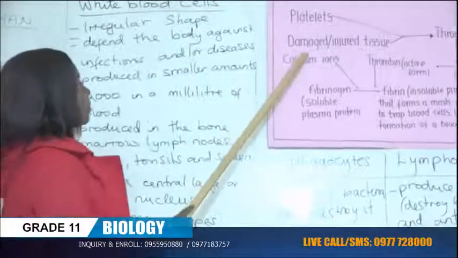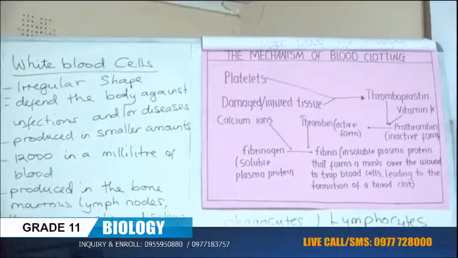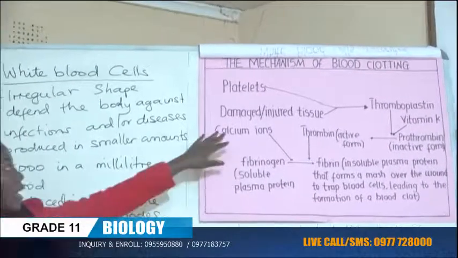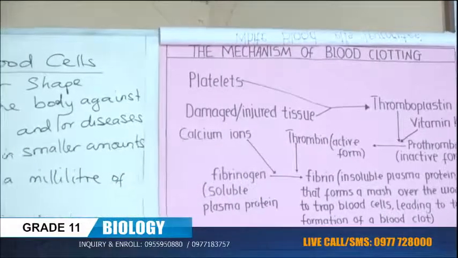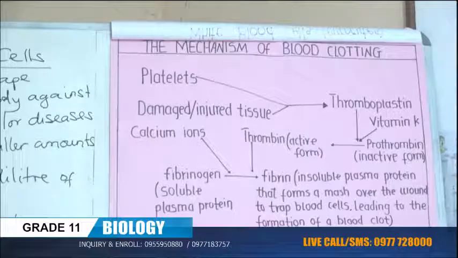Here we have platelets. So when platelets are exposed on a damaged or injured tissue, they produce an enzyme called thromboplastin or thrombokinase. Thromboplastin or thrombokinase, that's the other name for thromboplastin.